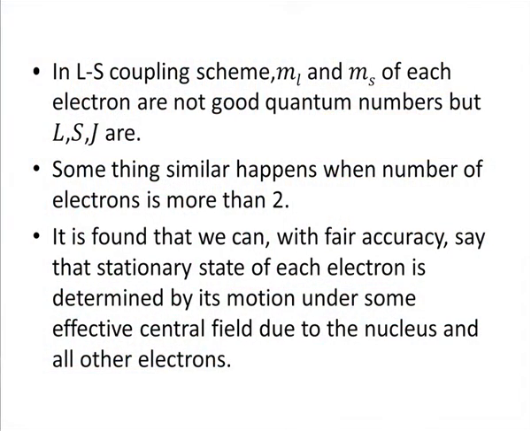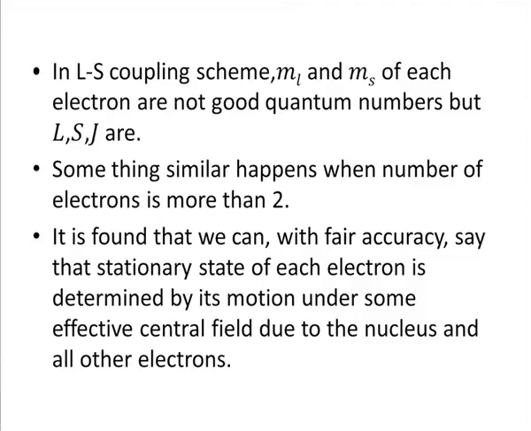Now, in the LS coupling scheme, ml and ms of each electron are not good quantum numbers, but L, S, J are. Something similar happens when the number of electrons is more than 2.